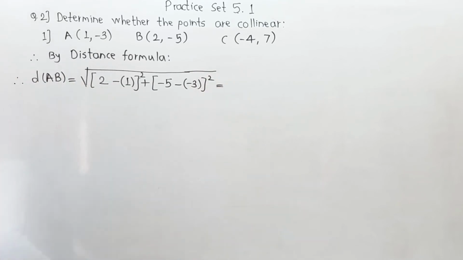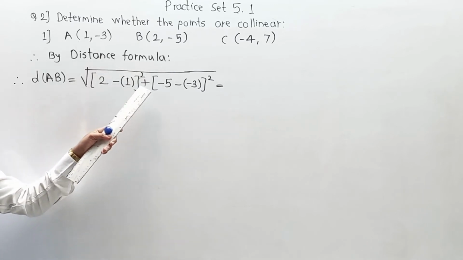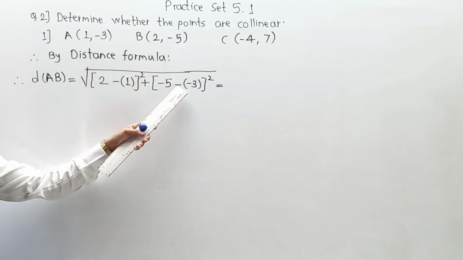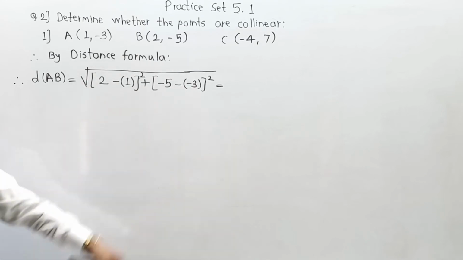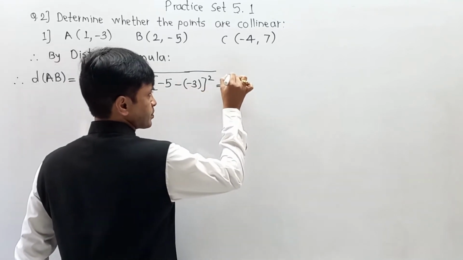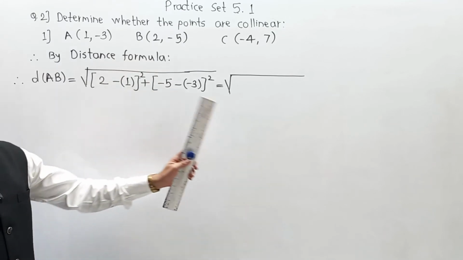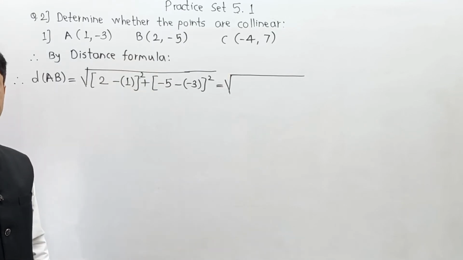Now we have to do a proper simplification. No doubt you are going to solve it step by step downward, but as per the space availability I am going to complete it in the horizontal direction.